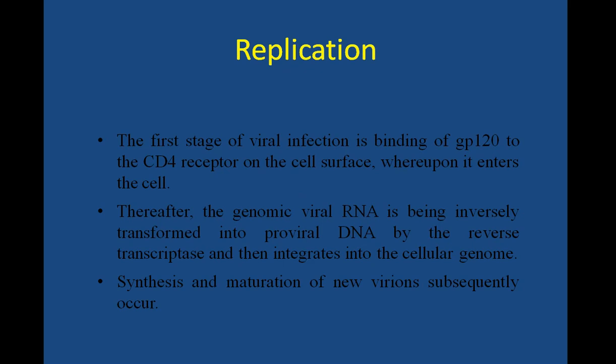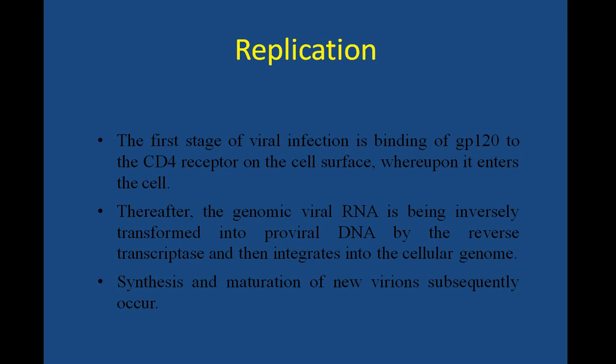Replication. The first stage of viral infection is binding of GP120 to the CD4 receptor on the cell surface, whereupon it enters the cell.